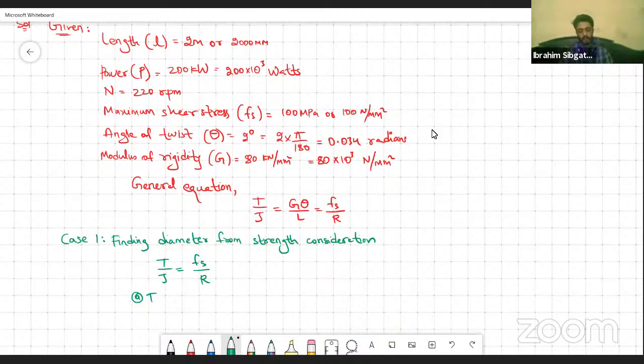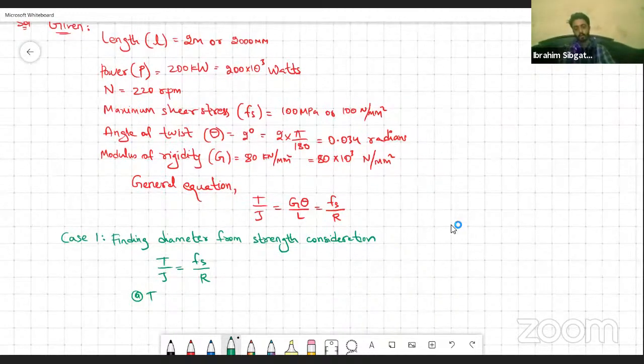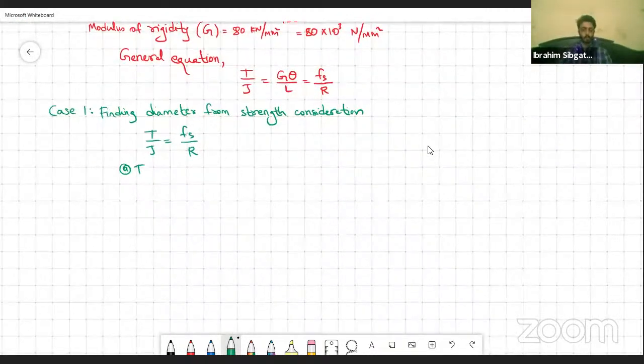And what is T? We don't have what T is. Okay, so we will find that out using the formula that I have told you in the first video. To find out torque, the formula is P equals to 2 pi N TAV divided by 60.